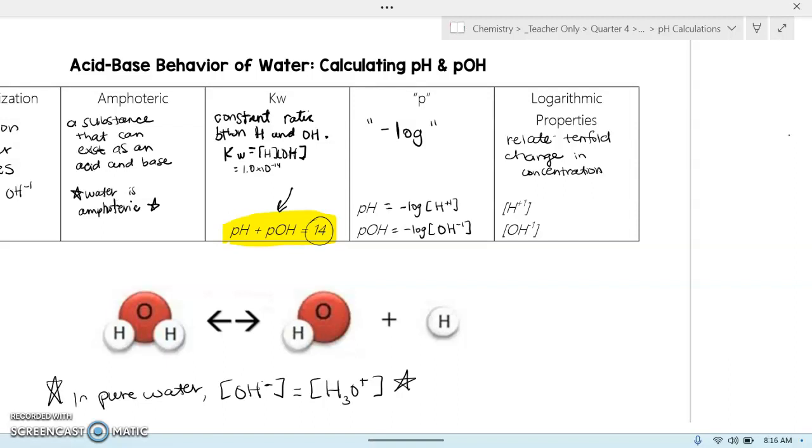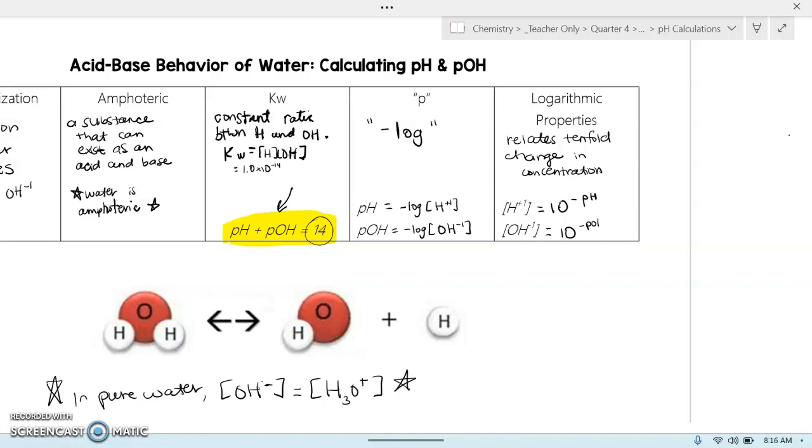So our logarithm relates tenfold change in concentration. And so if I have the pH, then the concentration itself is going to be 10 to the negative pH. That will let me go backwards from what we just did in the negative log box. And same with our OH.